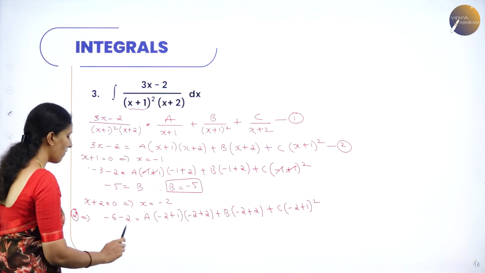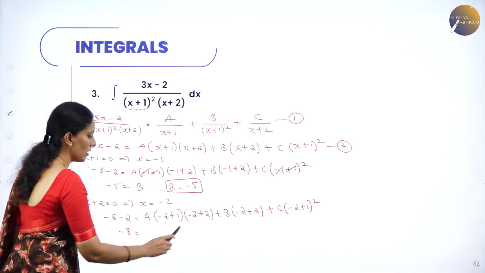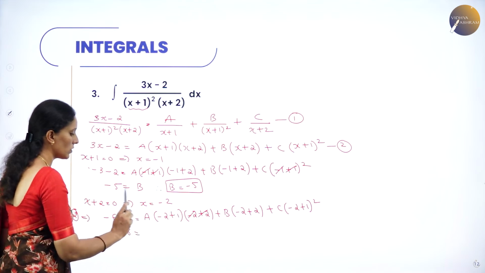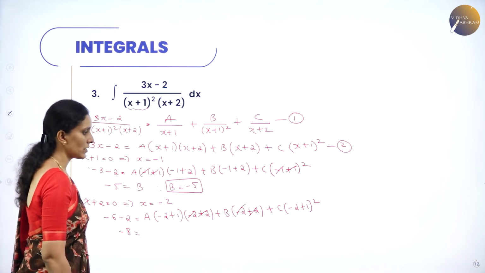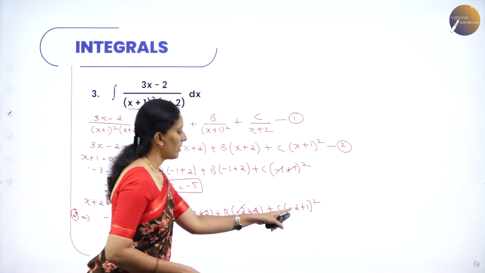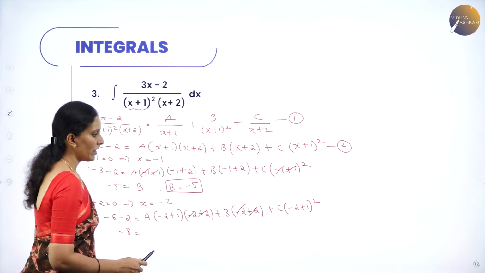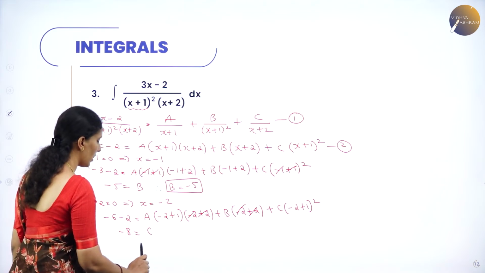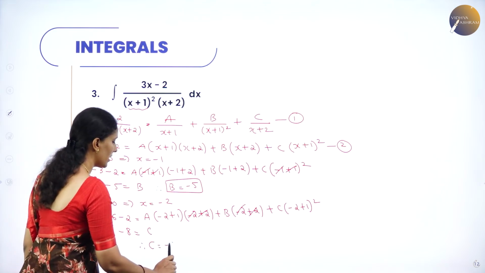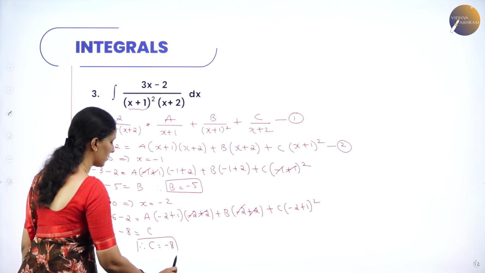So now here we have minus 8. Minus 2 plus 2 is 0, so 0 into a is 0, and 0 into b is 0. Next we have minus 2 plus 1, which is minus 1, minus 1 square is 1, so you get c. So therefore, c is equal to minus 8.